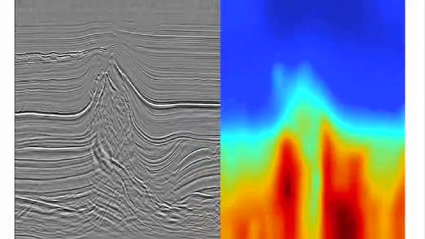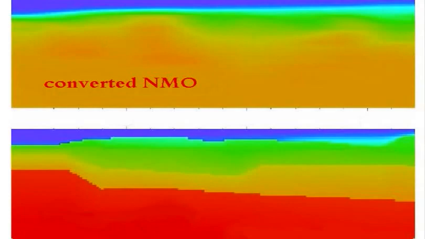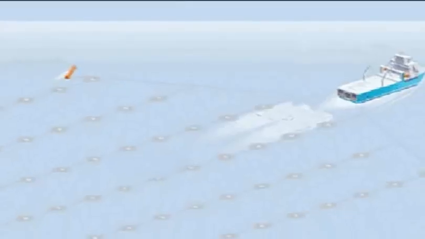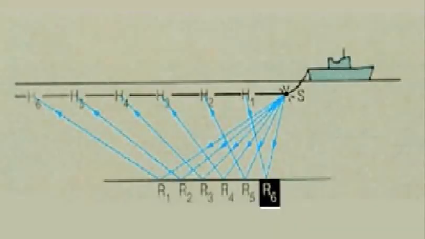Here is an example of filtering. Normal move out, or NMO, is a depth correction process. As you move out to the farthest hydrophones, the measured rays get longer, but the depth does not change. At first glance, it might appear that these longer reflected rays suggest increasing depths because they are longer.